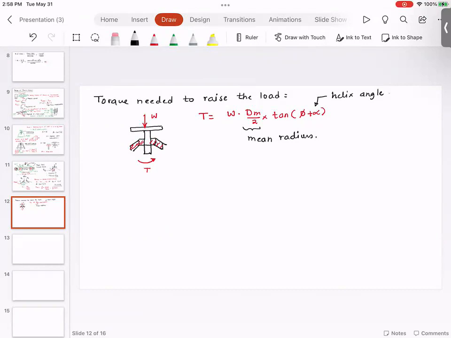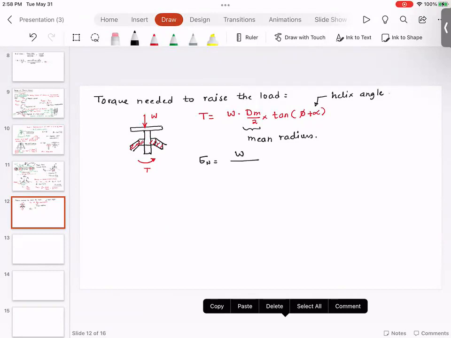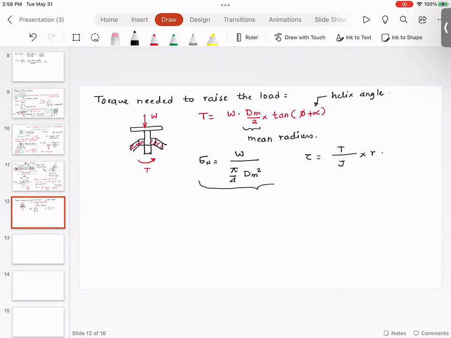So what it means is you are going to have normal stresses, say W divided by pi by 4 times the diameter of the screw squared, and the shear stresses, which is T divided by J multiplied by R. And these two stresses, when they act together, are going to give rise to principal stresses, sigma P, and maximum shear stress, tau max.